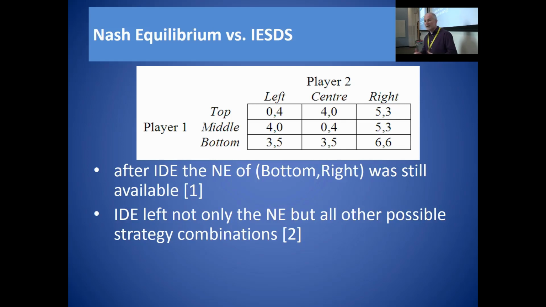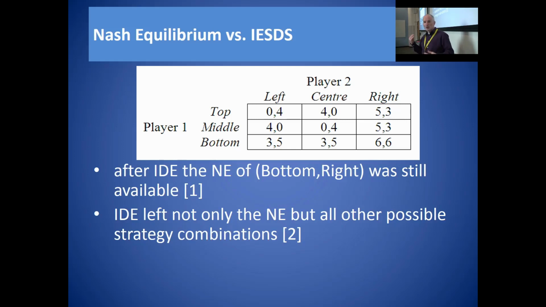So this whole idea of identifying the iterated dominance equilibrium, yes, it leaves one plausible outcome there, bottom right, but it also left 8 other implausible outcomes that were not Nash equilibria. And hence, that's why we say a Nash equilibrium is a stronger equilibrium concept, because it doesn't identify all of these other implausible outcomes.